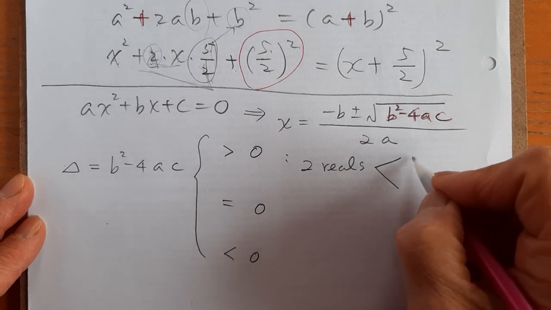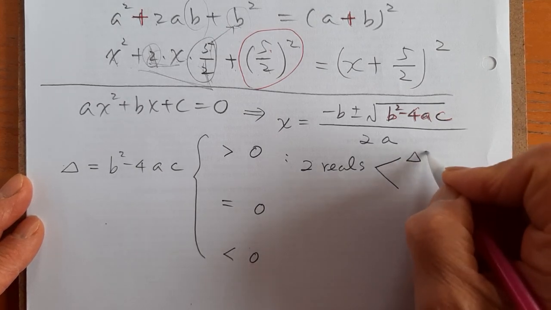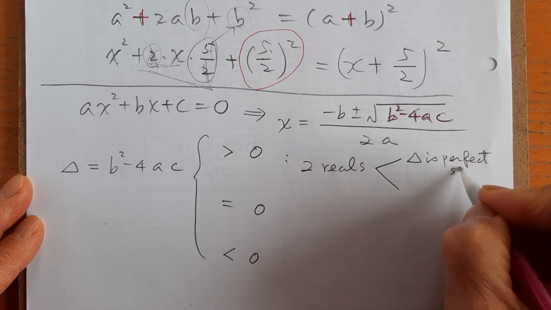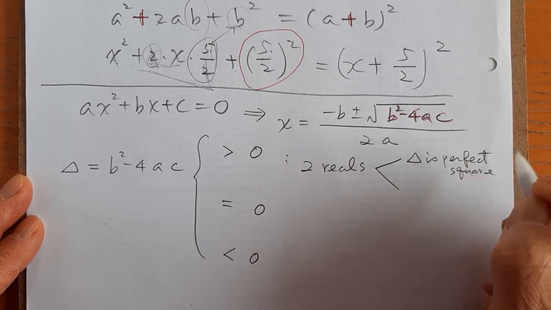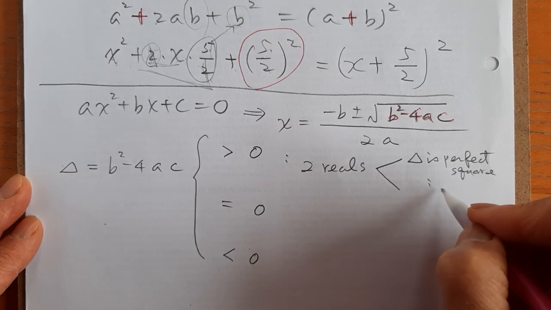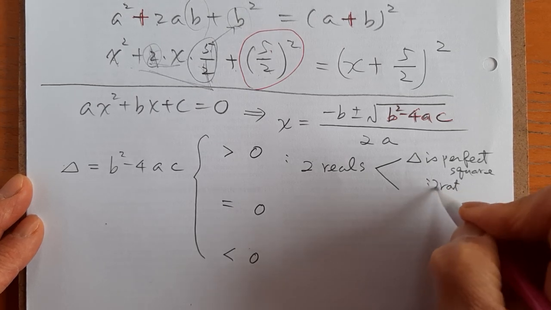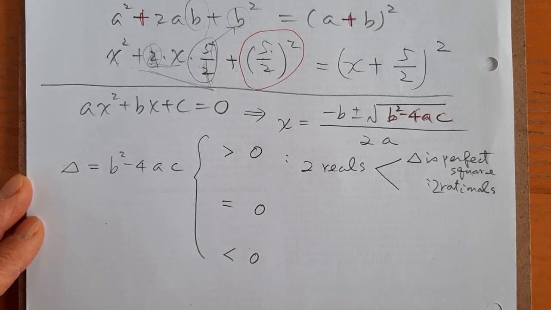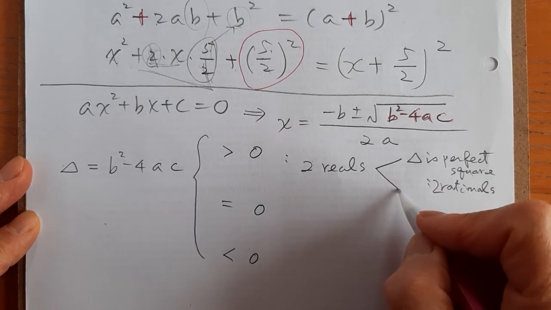Now, if delta is a perfect square number, then there are two rational numbers as solutions.